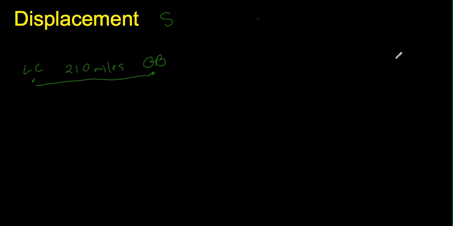Now that's pretty simple. Displacement is our change in position. Hopefully you remember from some science class that change in has a symbol, delta. In this case, we have our delta S, which is our final position, S2, minus S1.